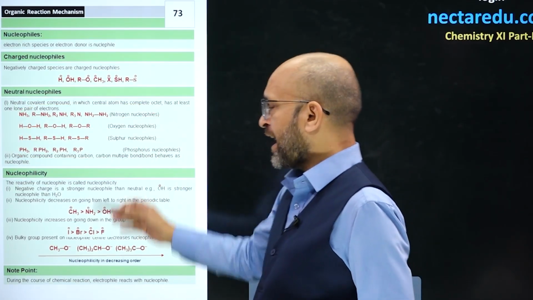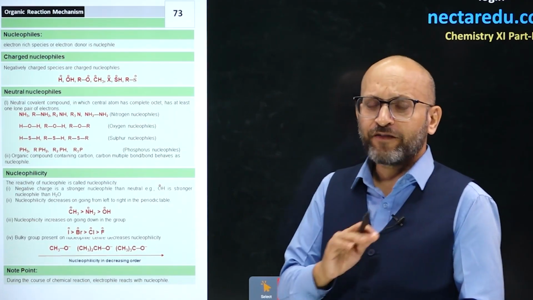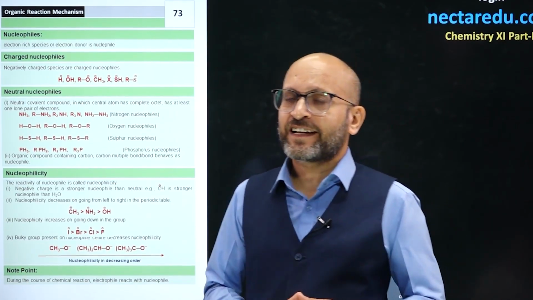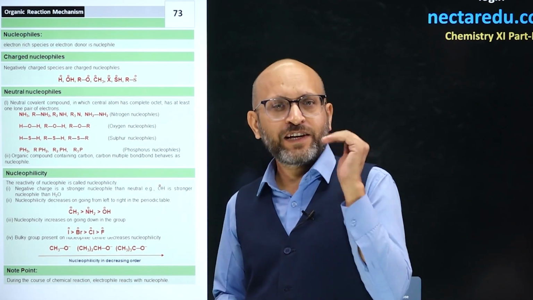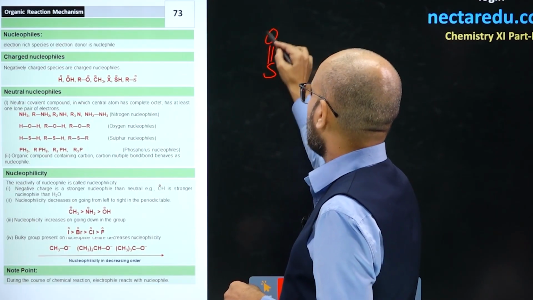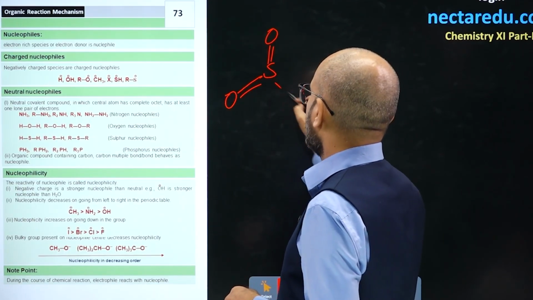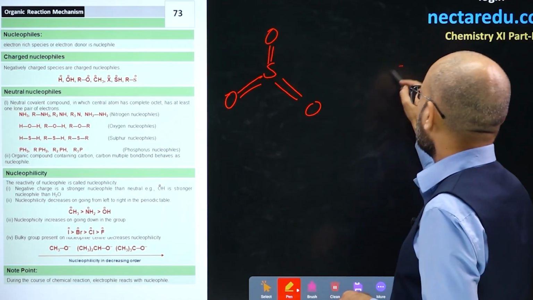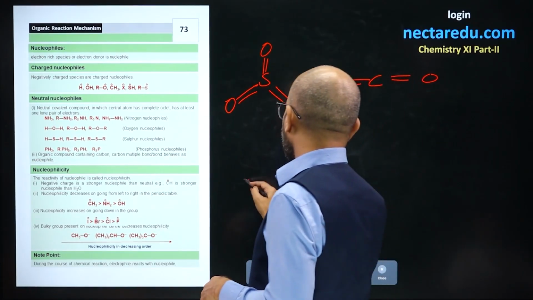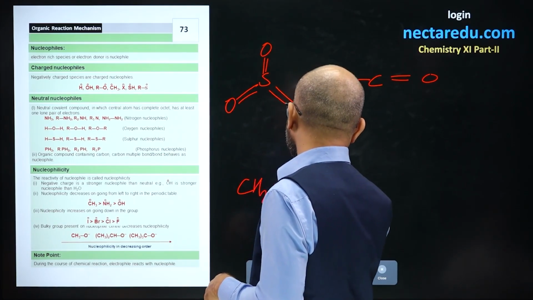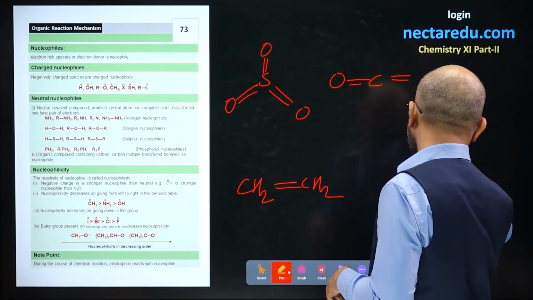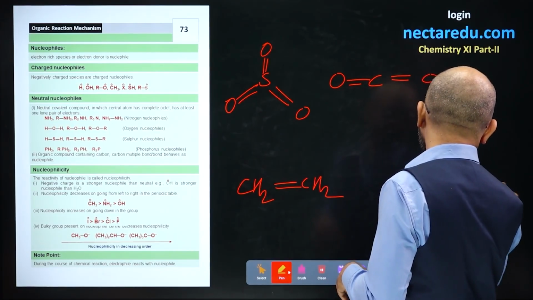Next, if we have to figure out whether a pi bond containing species is an electrophile or nucleophile, then you will have to see if the pi bond is present between different atoms or the same atoms. For example, I have sulfur trioxide, CO2, and I have alkene, CH2 double bond CH2. I have CH3CH double bond CH2.